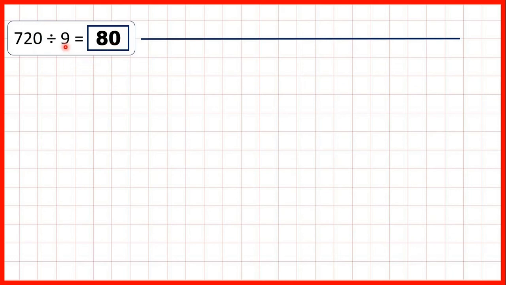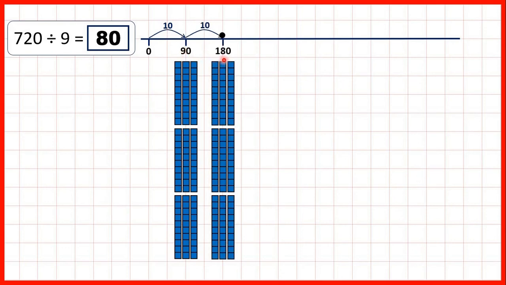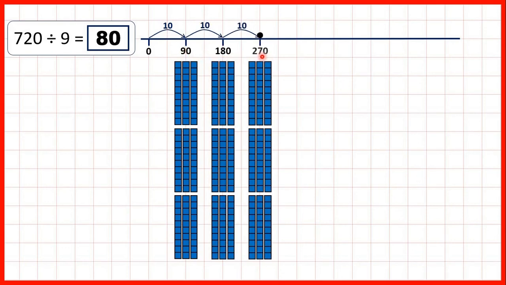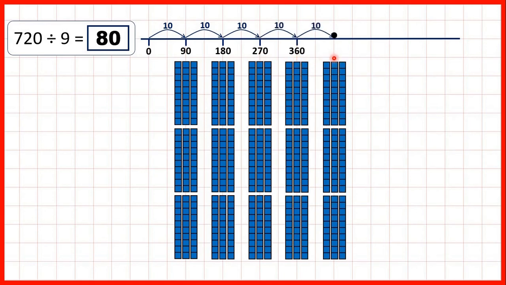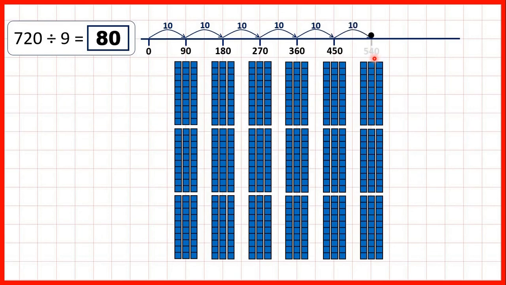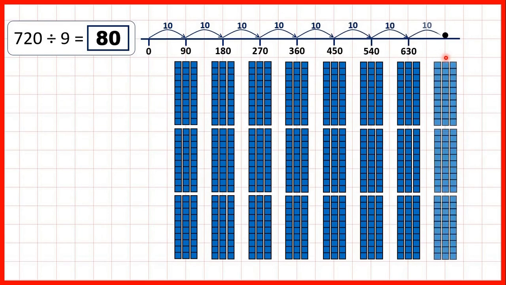But to show this on a number line, instead of counting in steps of 9, let's count in steps of 90, so in steps of 10 times 9. We have 90, 180, 270, 360, 450, 540, 630, and then 720.